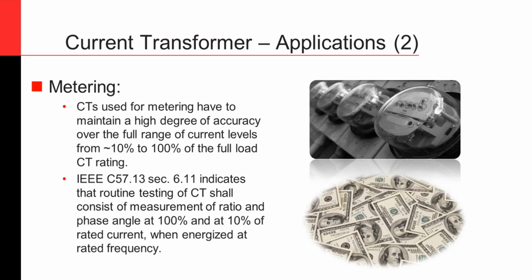So if you're at either 50 hertz or 60 hertz, it doesn't matter, but it has to be within the above said or manufacturer specified accuracy between 10% to 100% of the rated current.